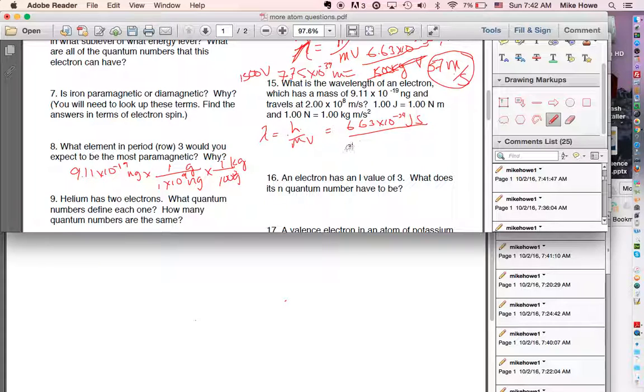So that comes out to be 9.11 times 10 to the negative 31st kilograms. You can check the math if you want. And that was the mass, sorry, and the velocity is 2.00 times 10 to the 8th.